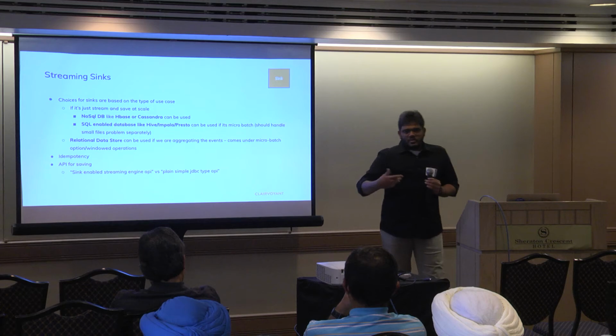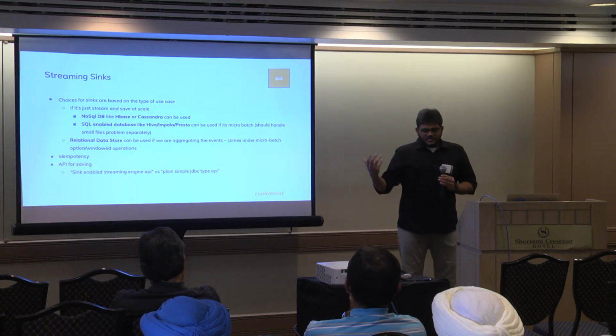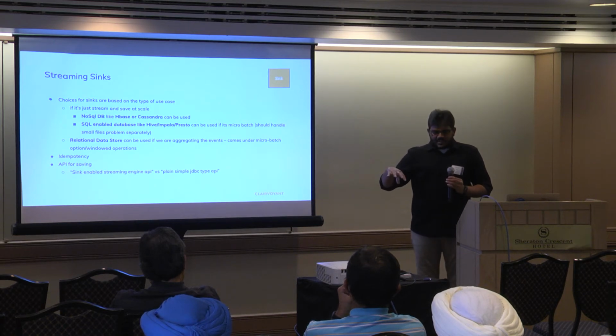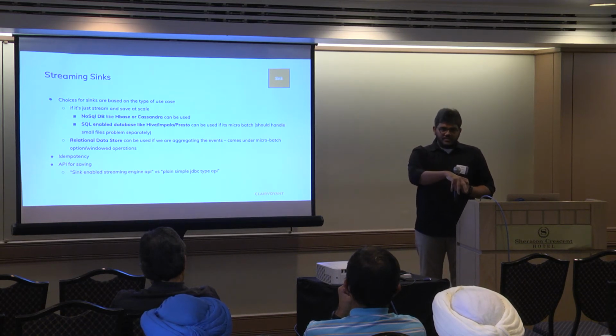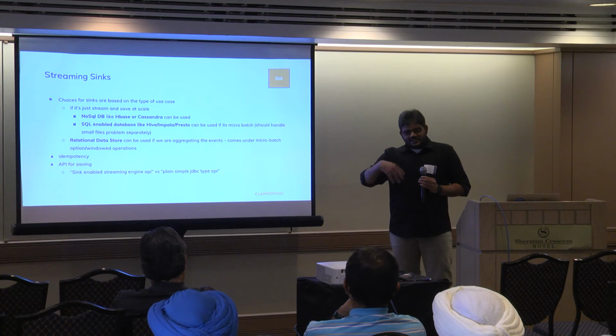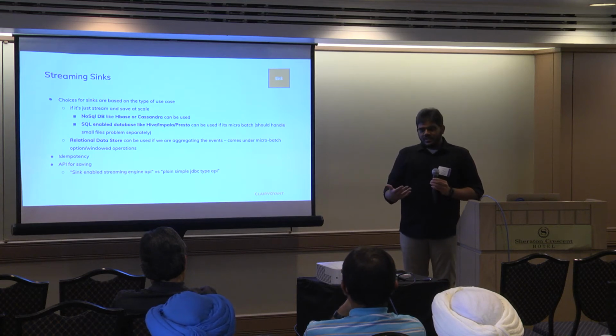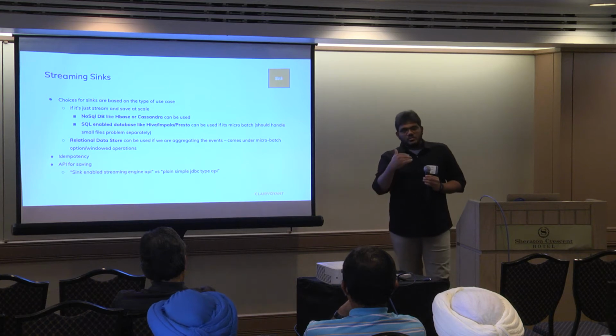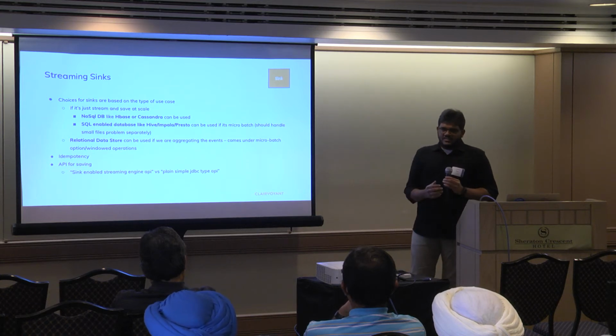You have a couple of options when you're choosing a sink, which is Spark enabled: the streaming engine API, which works at the data frame level. You don't have any control at this point to handle connections or other things. It's definitely worth it, but you need to know how the exception handling is happening and how the connections are handled.